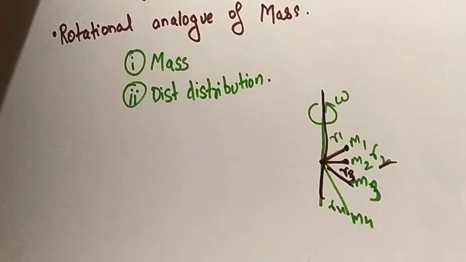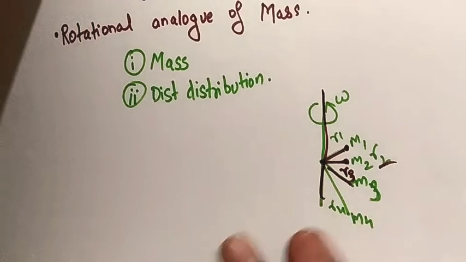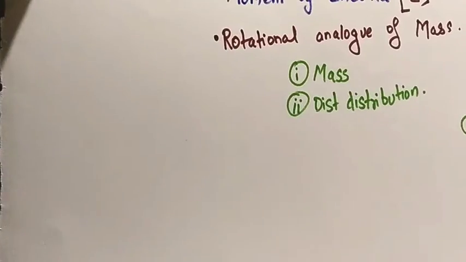It is a rough diagram of moment of inertia of a body of n particles. They have n particles, and these are the masses of n particles.